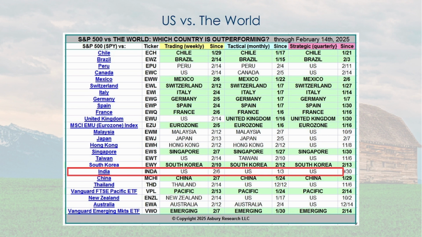So the countries for these 3 time periods, weekly, monthly, quarterly, the markets that are stronger than the U.S. are Chile, Brazil, Mexico, Switzerland, Italy, Germany, Spain, France, the entire Eurozone, Singapore, South Korea, China, the Pacific, and the entire emerging block of countries. The only one that the U.S. is stronger than is India.